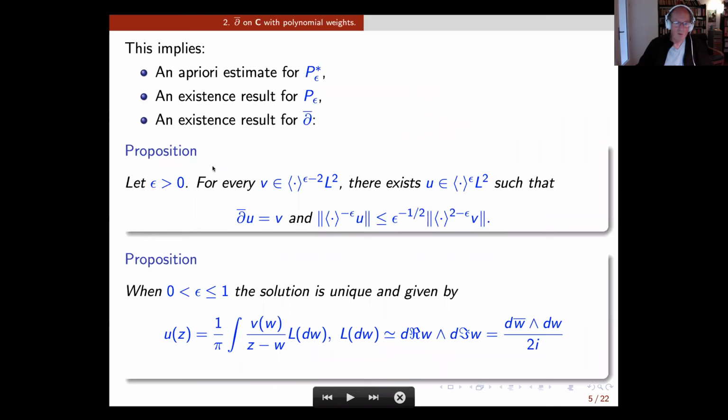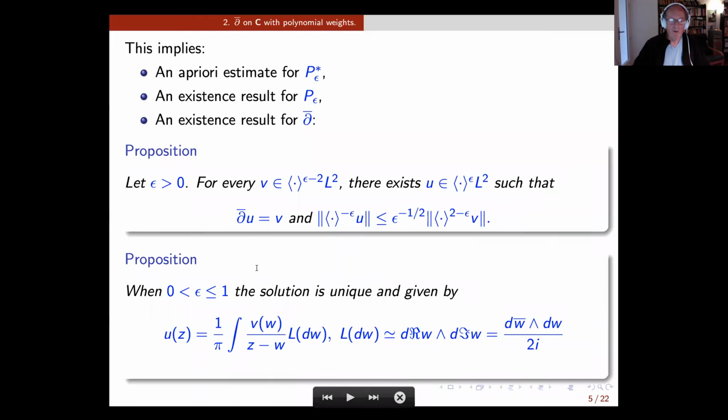So what you get is the following proposition. We let epsilon be positive. Then if I take v in L2, v of the form L2 times the bracket of z to the power epsilon minus 2, then there exists a u in the space bracket z to the power epsilon times L2, solving the inhomogeneous equation, and we have an a priori estimate. So you lose 2 powers of bracket z when you do this.